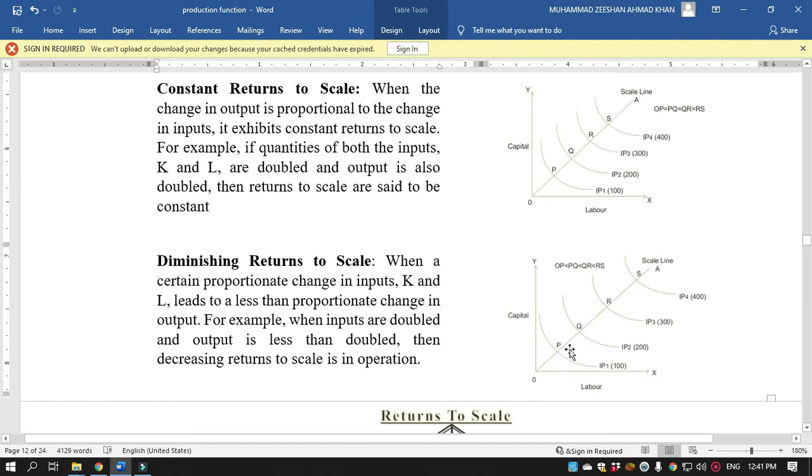So you can see that the distance between P and Q is small, and between Q and R it is getting larger. So it means that you are putting more labor and more capital into producing the same level of output. And similarly, if 100 more output is produced and the labor and capital employed is again higher than the previous one, it is called diminishing return to scale.